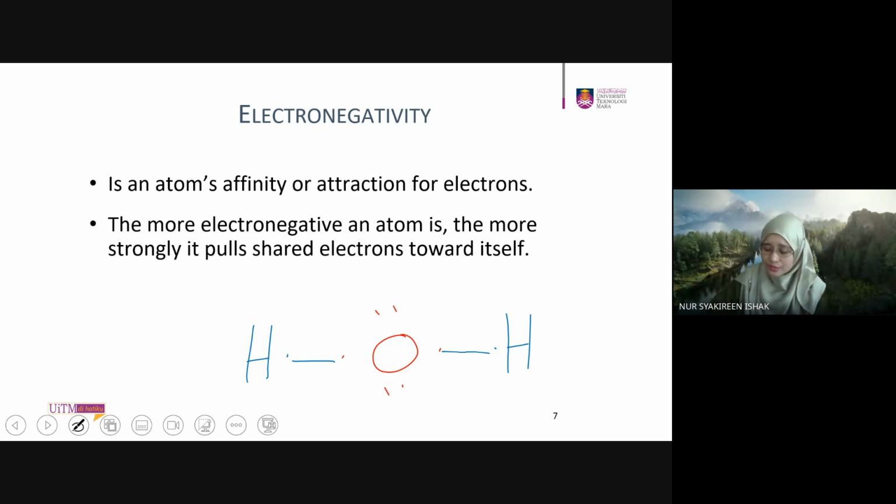Because the oxygen pulls the electron of the hydrogen towards itself, it makes the oxygen atom have a partial negative charge, because it has pulled electrons to itself. And for the hydrogen atoms, because the electron of the hydrogen atom is pulled towards the oxygen, the hydrogen atom will have a partial positive charge. So that is electronegativity.